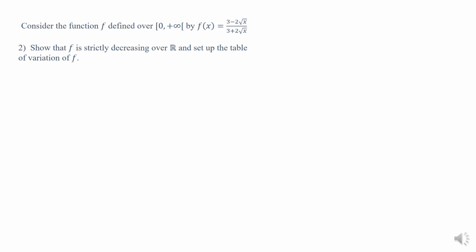Show that f is strictly decreasing over R and set up the table of variation of f. Now in order to show that a function is strictly decreasing or strictly increasing, you need to calculate f prime of x. If f prime of x is negative, this means that the function is decreasing. If f prime of x is positive, this means that the function is increasing.